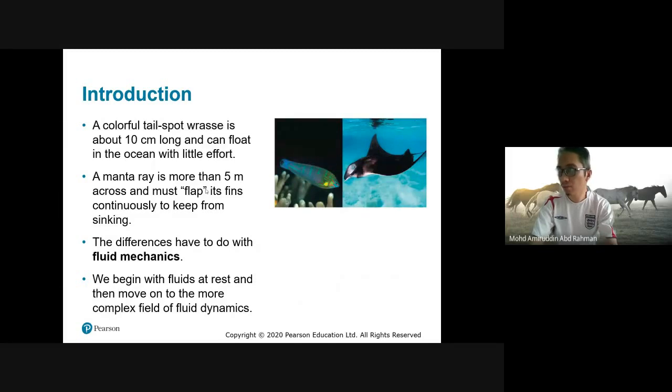Okay, so look at the fish there. We have a colorful tail spot wrasse that is 10 centimeters long and can float in the ocean with little effort. Then you see a bigger fish, a manta ray, more than 5 meters across, and it must flap its fins continuously to keep from sinking. So the phenomena over here are related to fluid mechanics.